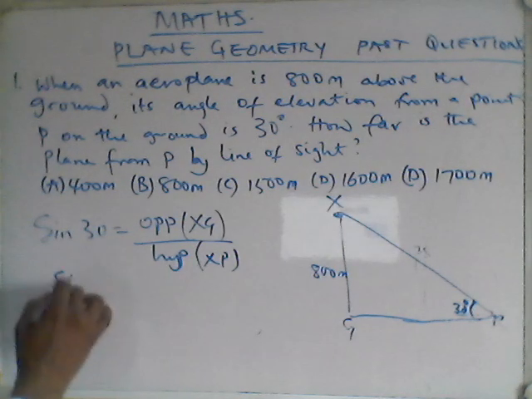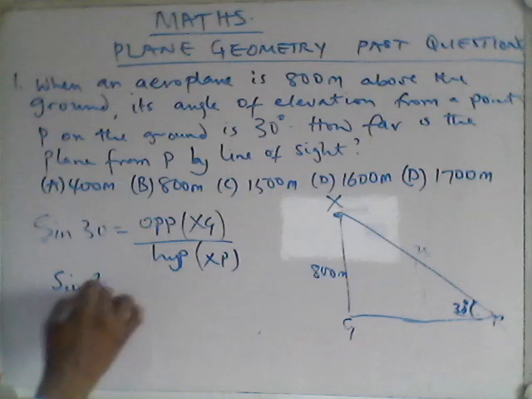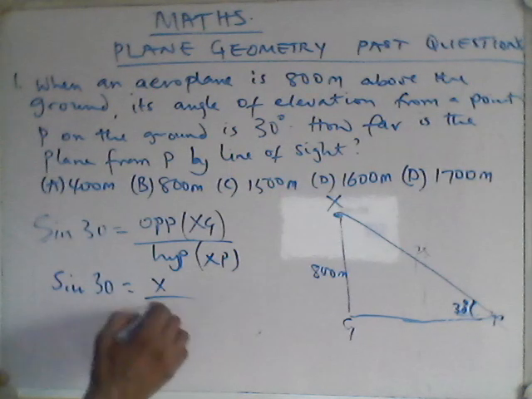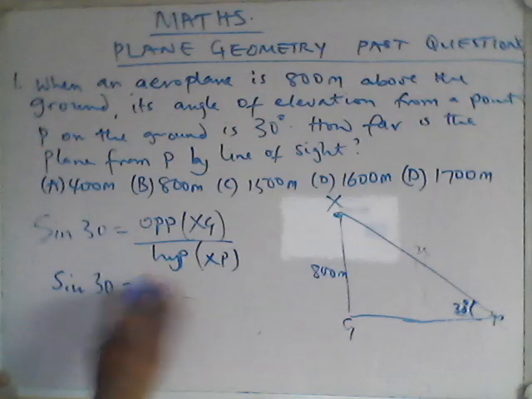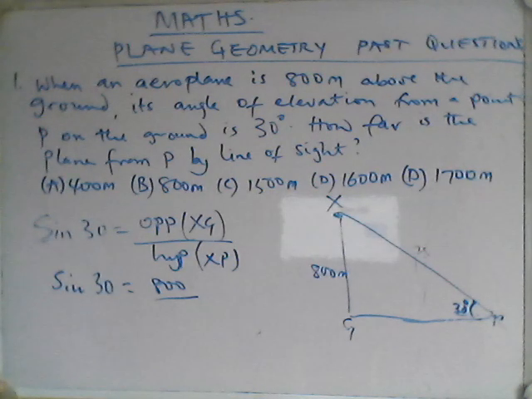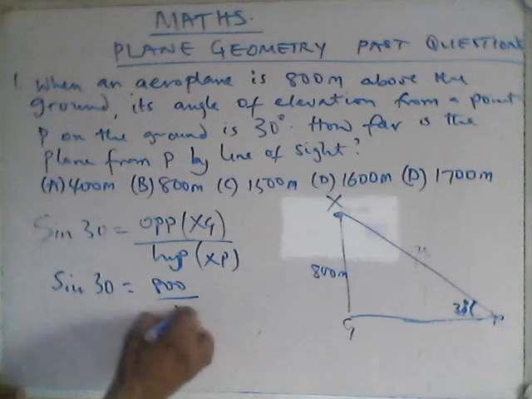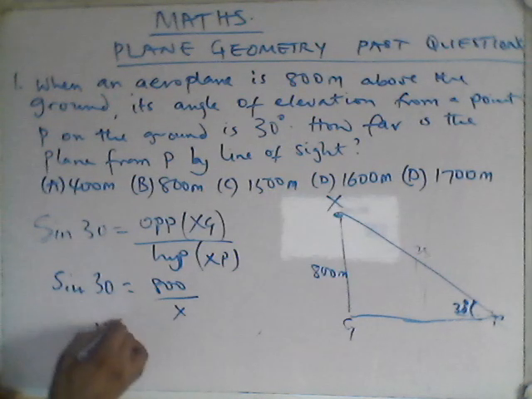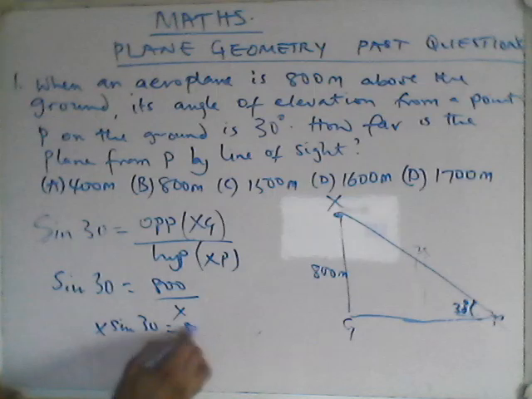Okay, so sine 30 is equal to opposite, which is 800, over hypotenuse, which is small x. So I can take this up, so it will be x sine 30 is equal to 800.